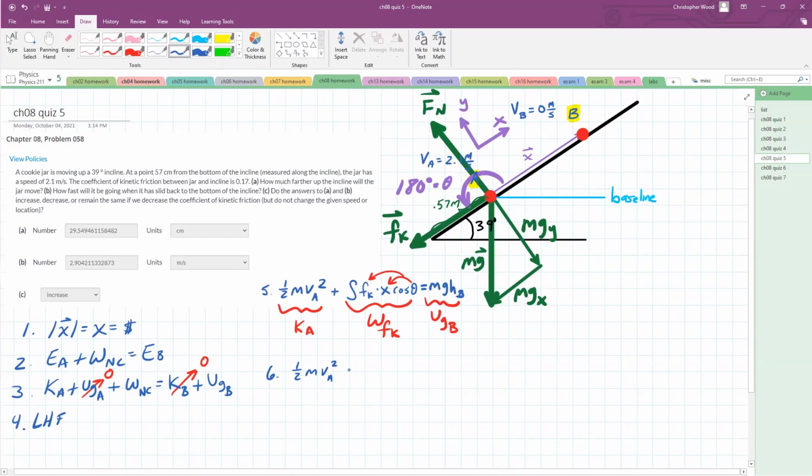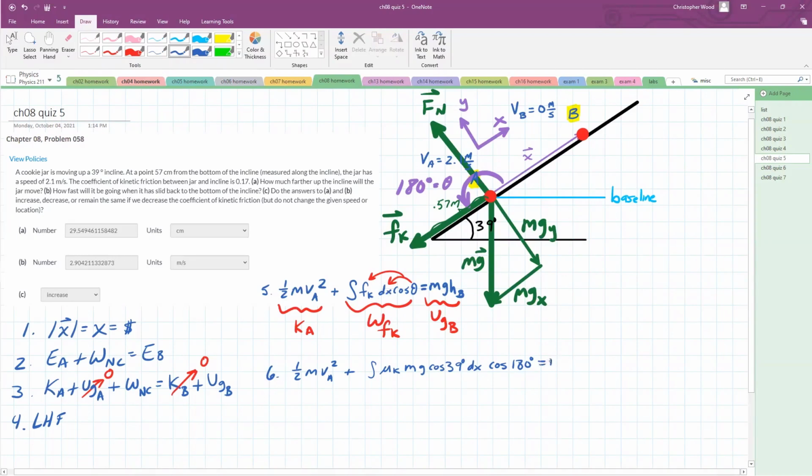Plus integral of mu sub K times, and I'm going to fast track it a little bit, mu sub K times F sub N, and F sub N is mg cosine of 39 degrees, times dx, cosine of 180 degrees. And I need to change this from x to dx. This needs to be a variable of integration. So that is dx.